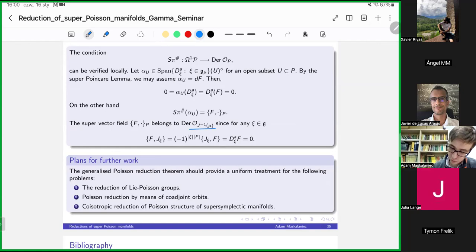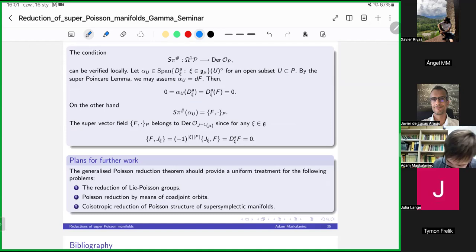And this is proved by means of the super-Poincare lemma, because it turns out that locally also super-differential forms are exterior derivatives of superfunctions. Then we see that if we are given alpha u in the annihilator of E, then 0 is equal to alpha u evaluated on this fundamental vector field.